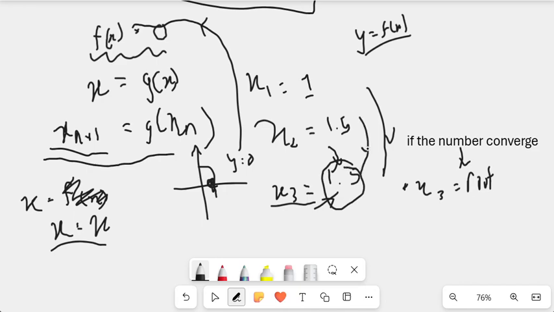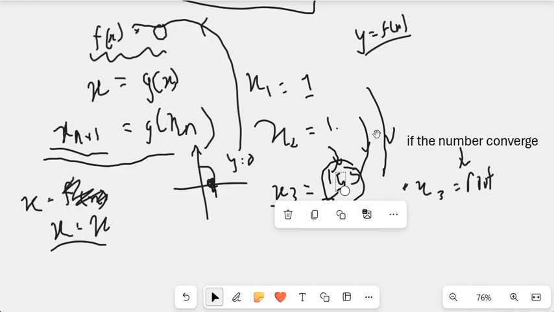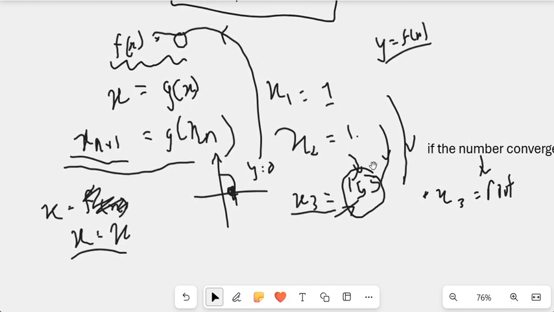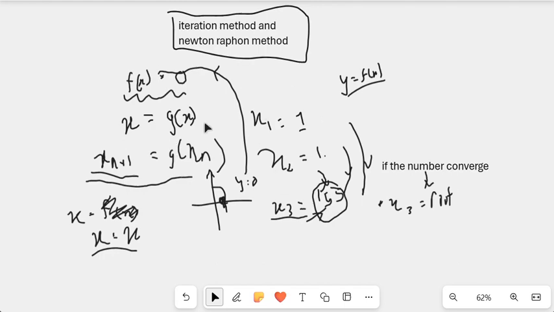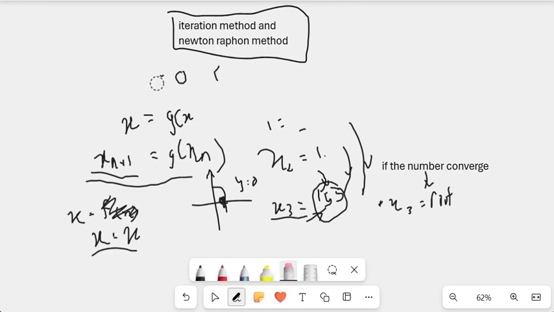So if it converges, you will get closer and closer to the number. I'll show a graphical example later, but this is basically what it wants to say. So let's erase all the things and write it down.